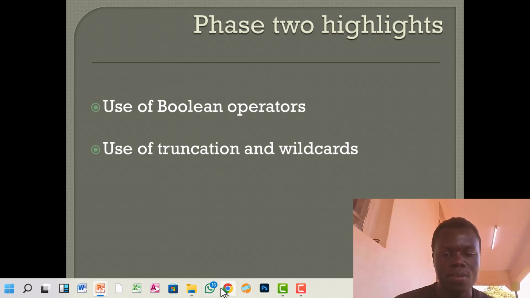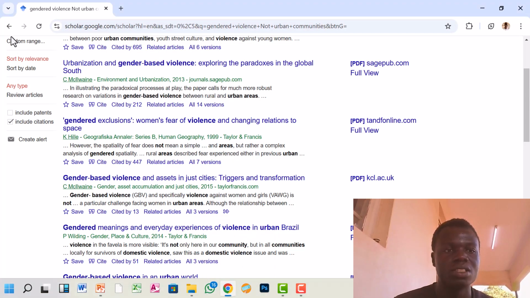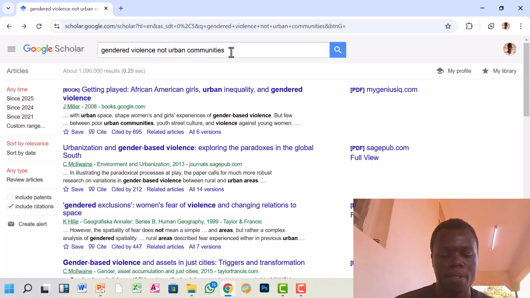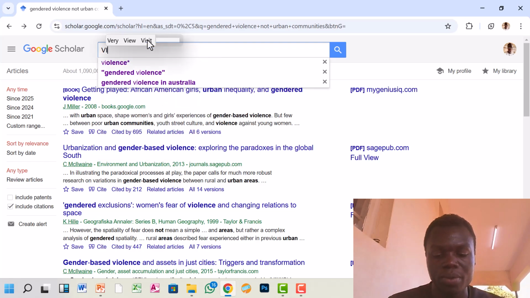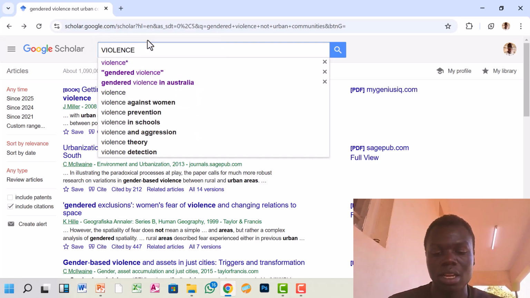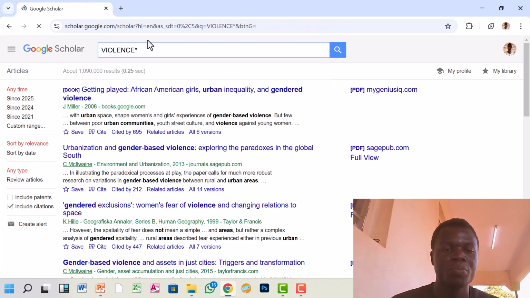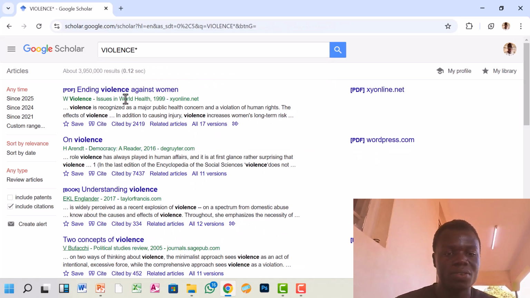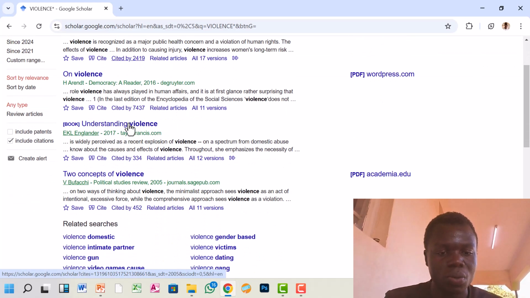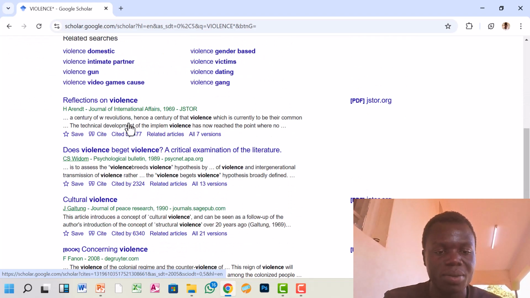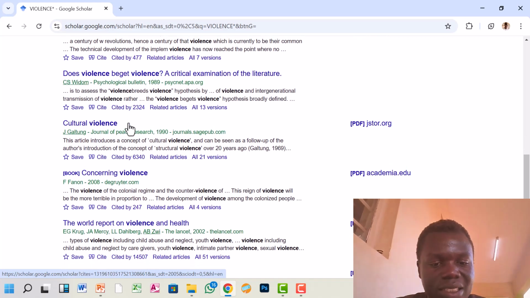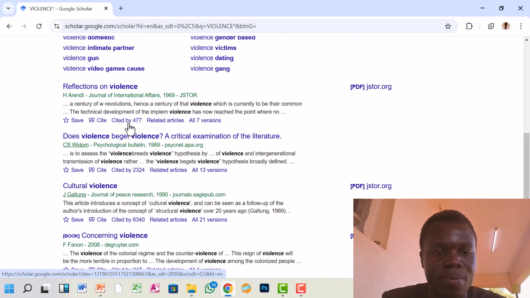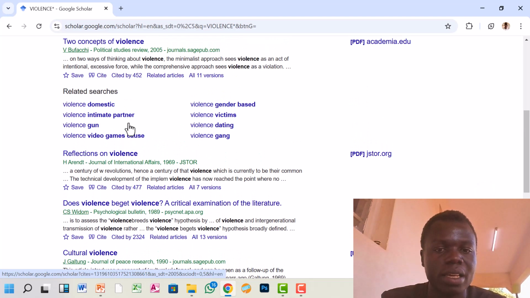For example, if I put violence with the truncation symbol, it's going to retrieve results based on violence and its variants. So the articles that are going to come up will mostly contain violence and its relevant forms, as you can see from the layout here.